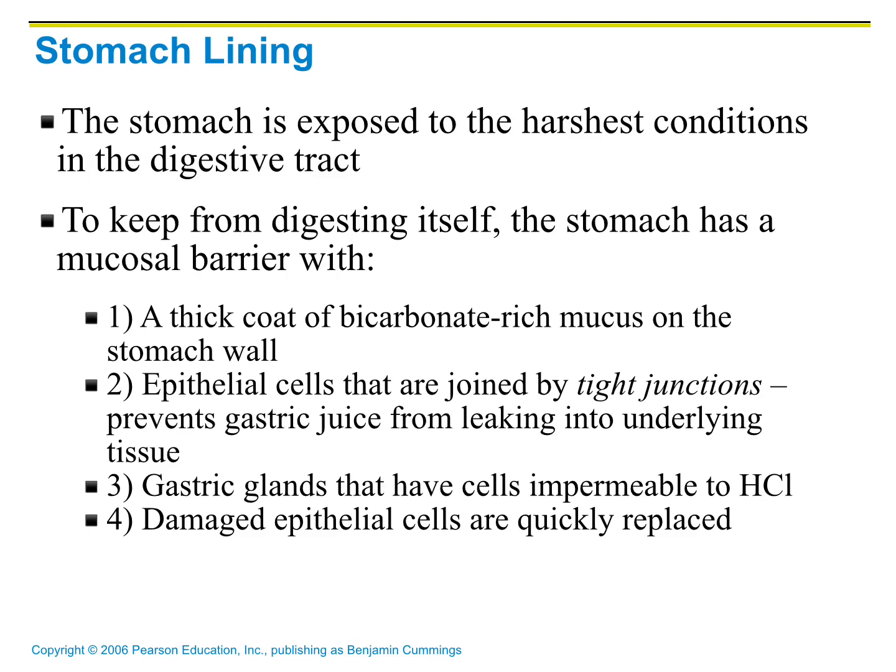And then also we have tight junctions between epithelial cells so there's no leakage. Thirdly, we have gastric glands that are impermeable to HCl. So in those glands, the HCl that's produced won't damage those cells because they're impermeable to it. And then lastly, number 4, the epithelial cells replace really quickly. And so the ones that do get damaged, we generally replace really quick.